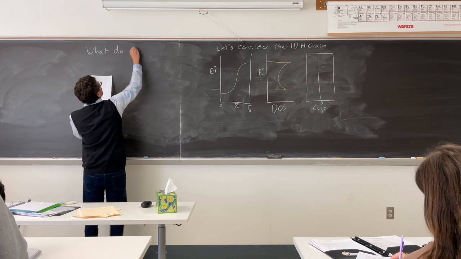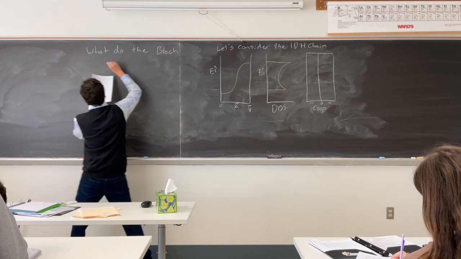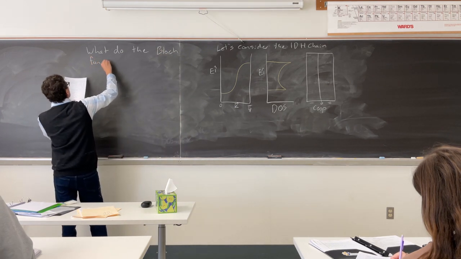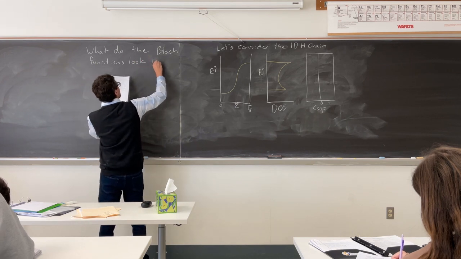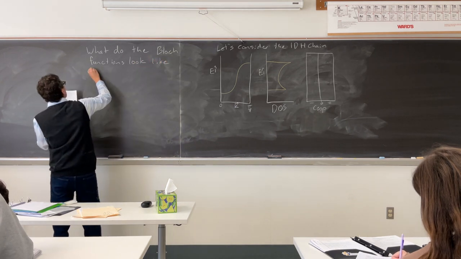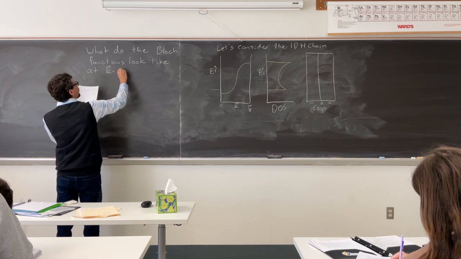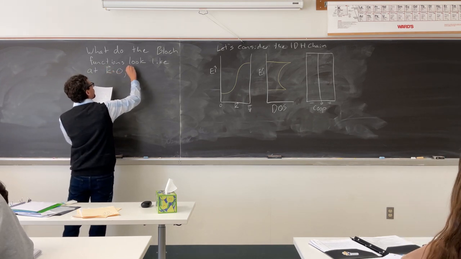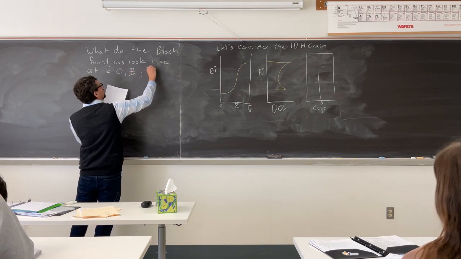What do the Bloch functions look like at k is equal to 0, pi over 2a, pi over a?